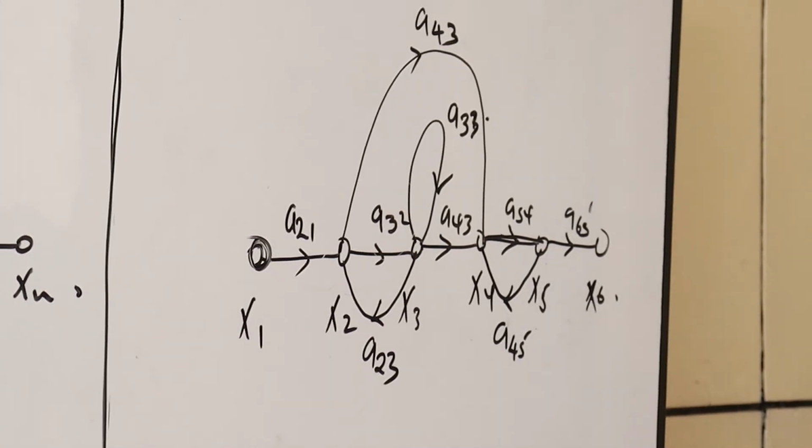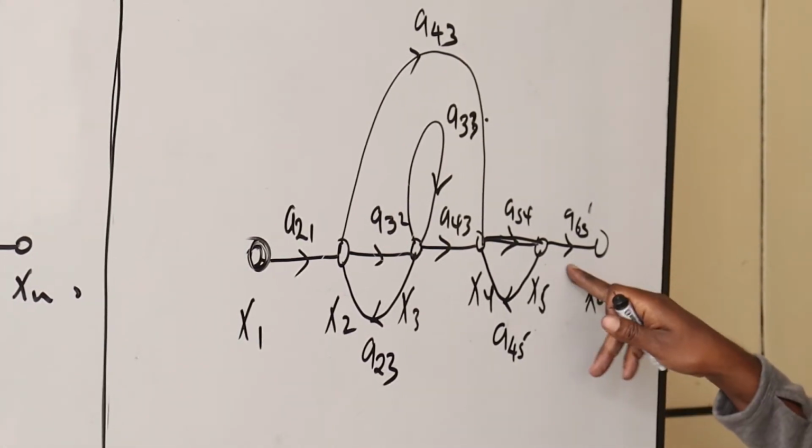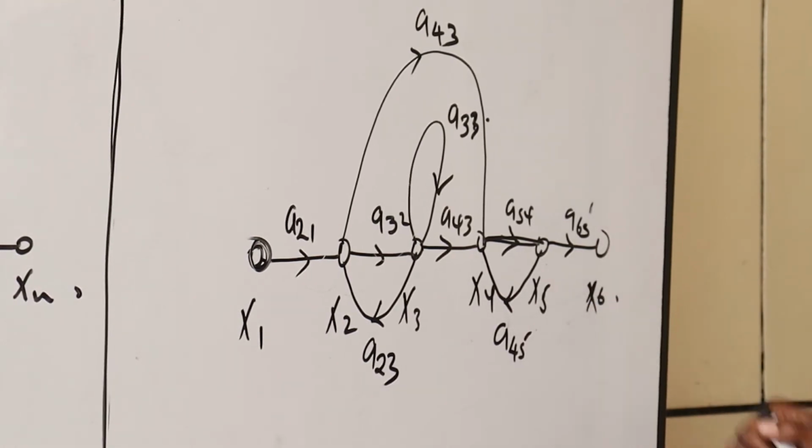If you look at x6, it only has one branch coming to it, and the branch is coming from x5, and therefore that is what we refer to as the output or the sink node. As we have said, the output or the sink node is simply a node with only incoming branches.